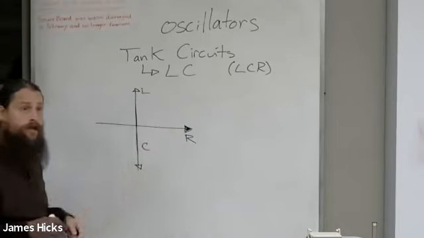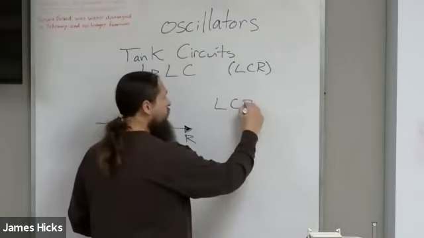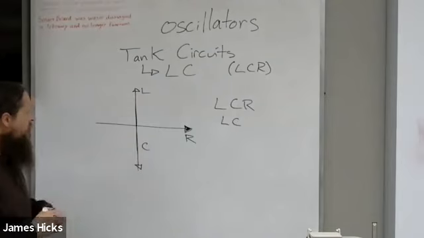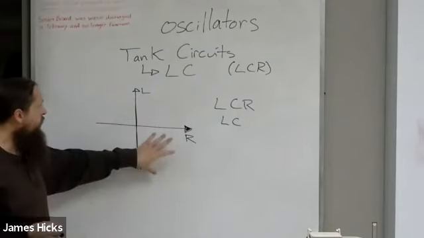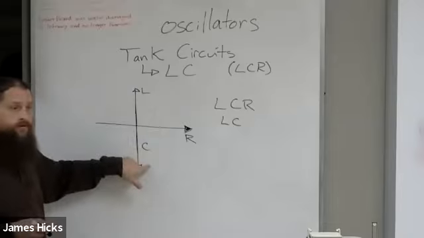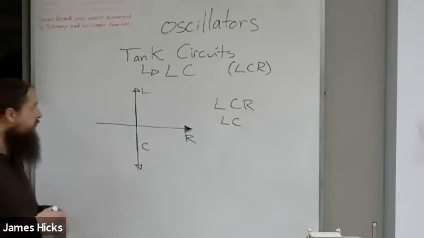So remember, if you have an LCR circuit or an LC circuit, you can find a special point that minimizes the complex reactances, and overall that minimizes the resistance altogether.